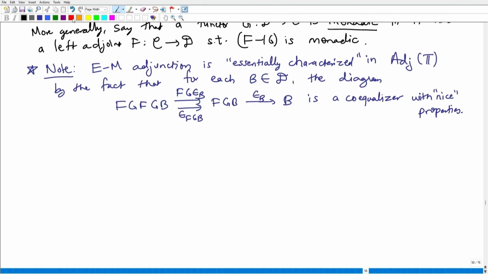Similarly, I think we also did splitting of idempotents. Idempotents split, you remember? Let me do it as a side thing. Suppose E: A to A is an idempotent, then what is a splitting?